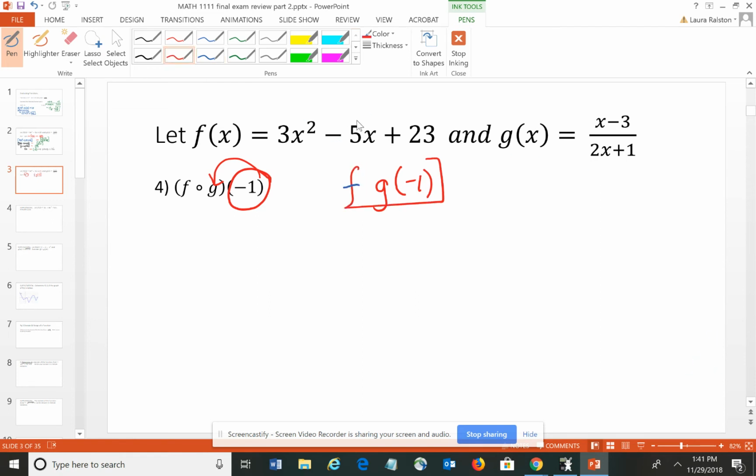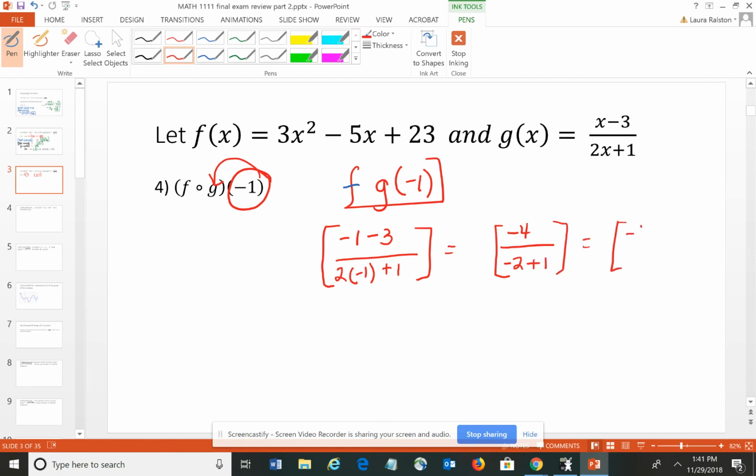So I'm going to start out and substitute negative 1 into g. So I have negative 1 minus 3 over 2 times negative 1 plus 1. I'm going to do the math. So I have negative 4 over negative 2 plus 1, which gives me negative 4 over negative 1, which simplifies to 4. So g at negative 1 is 4.